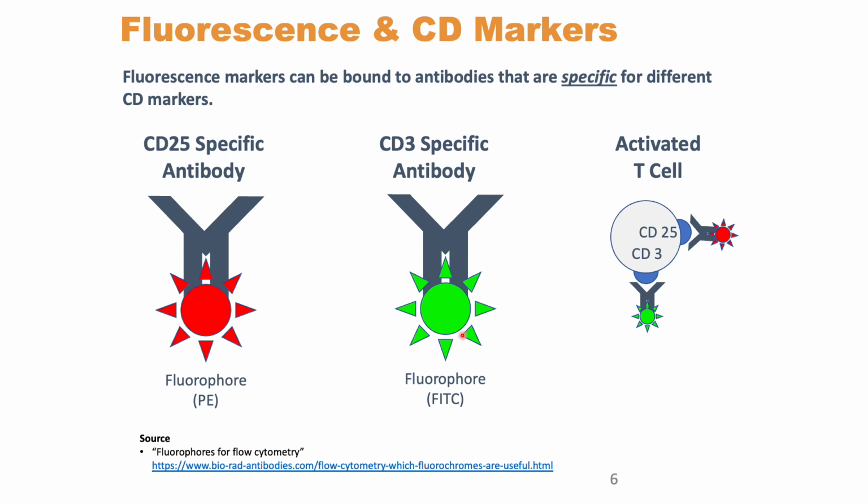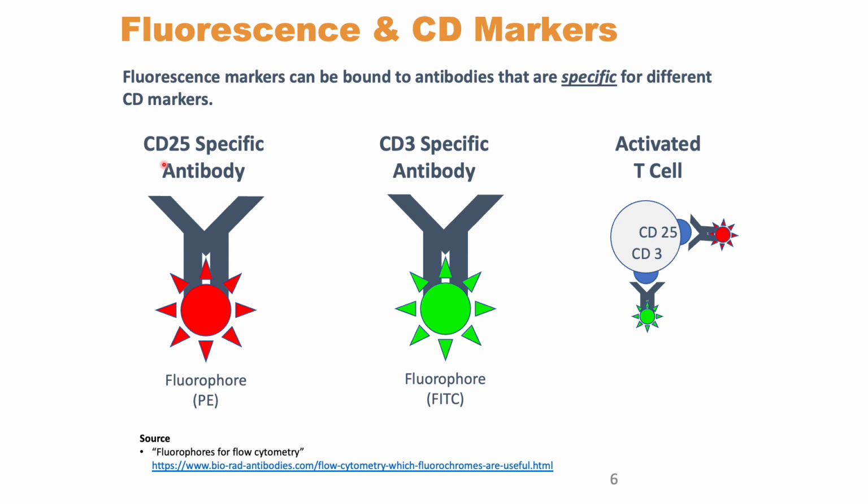Remember that antibodies are molecules that have specific affinity to certain CDs. There are specific antibodies, for example, to both CD25 here and CD3 here. So this antibody is specific for CD3. This antibody will only bind CD25.